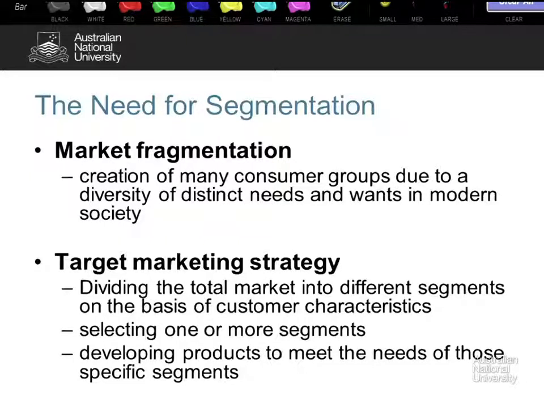And the address them directly element here is either in the development of a distinct product for that segment, and or a distinct communication strategy for that segment, and or a unique pricing offer for that group, and or a distribution channel.